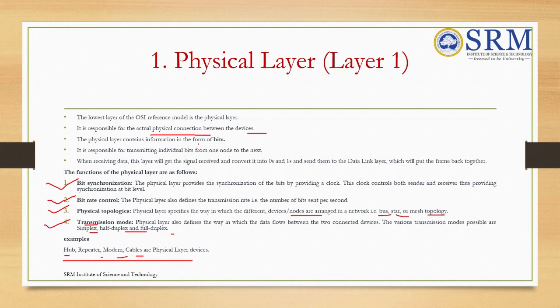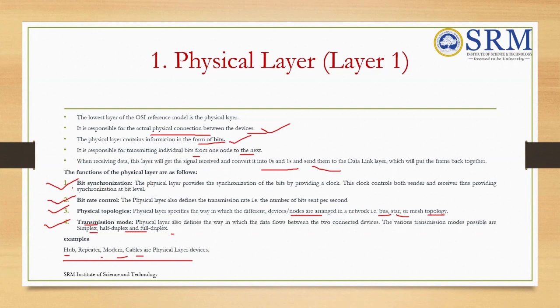In the physical layer, the information will be in the format of bits. Bits will travel from one node to the next node, converted into zeros and ones, and sent to data link layer. The major point that we have to remember is it is a connection between 2 devices, and the information will be in the format of bits.